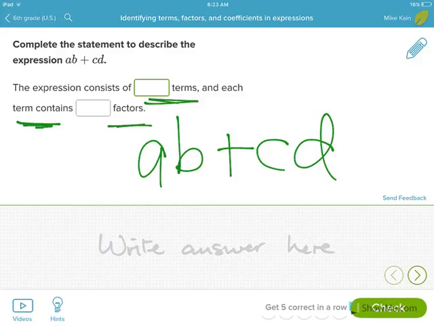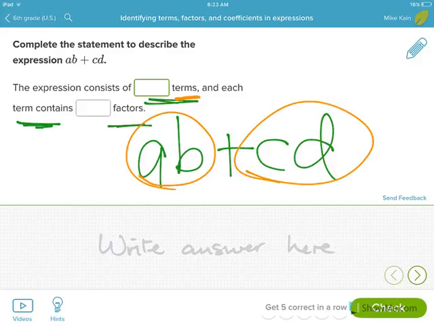Well, let's see here. You're trying to brain bust me again with your rules. Let's try to see how many things are separated by addition or subtraction, because that's what a term is. So here's 1 thing, here's 2 things. That's good. So there's 2 terms, right? 2 terms.